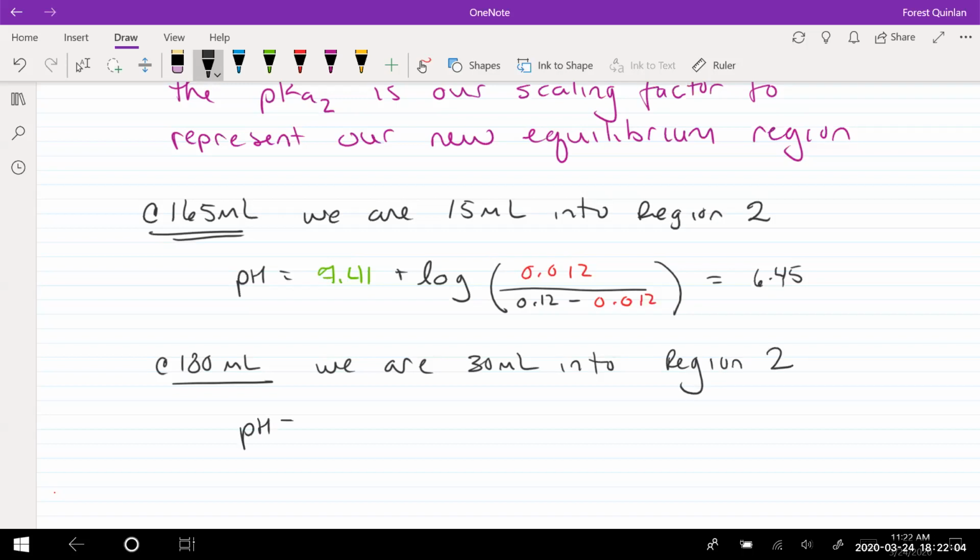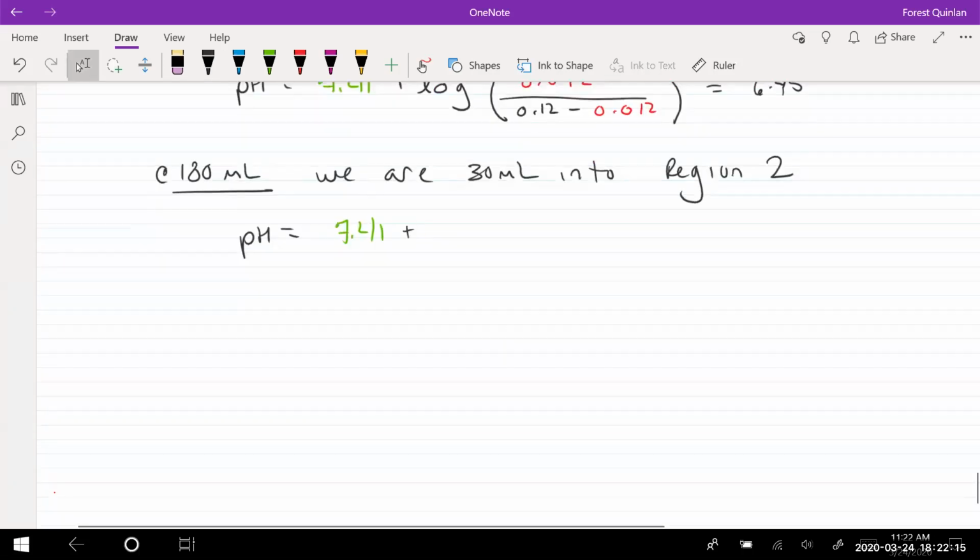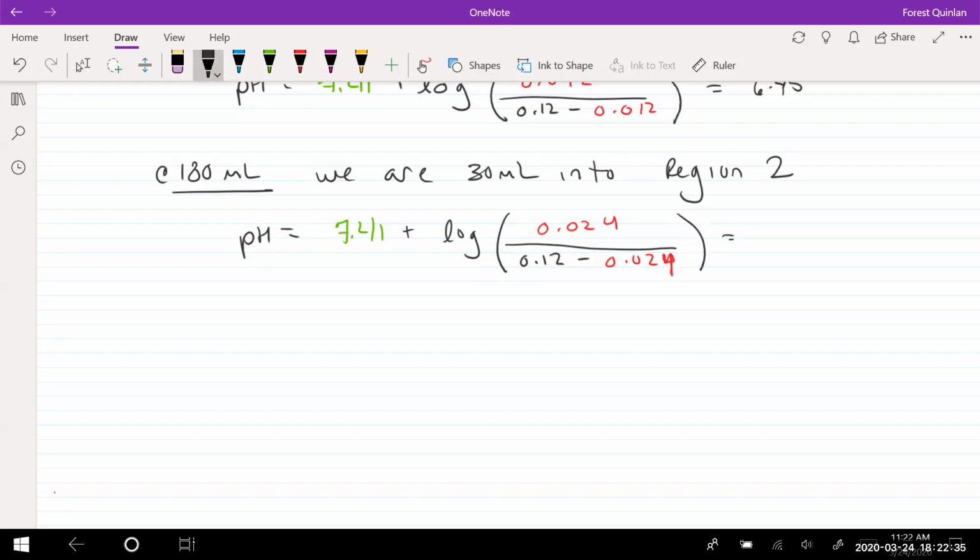That means our pH is equal to 7.41 plus log of, and Chef will tell me just double it, so 0.24 over 0.12 minus 0.024. We get to do this because our pKa2 is taking care of that. And we got the same thing by adding the differences in the pKa's. Yeah.